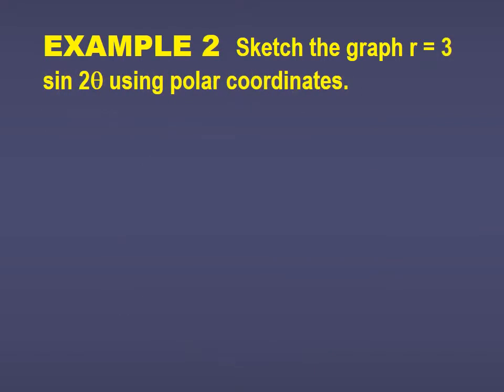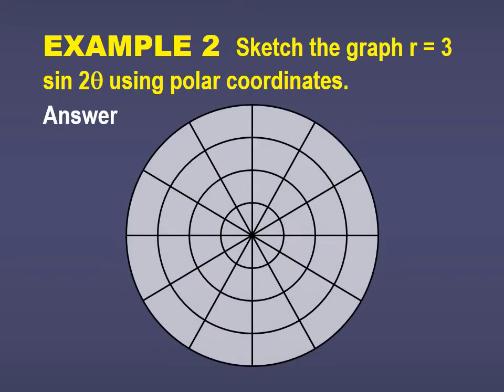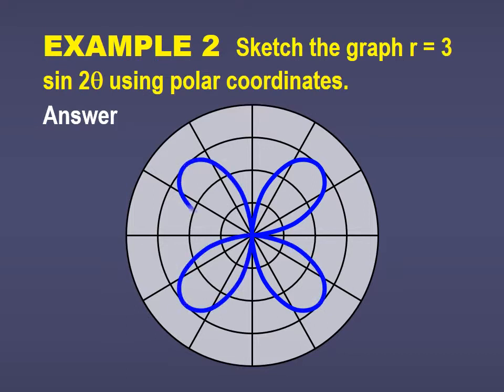Okay, so sketch the graph r equals 3 sine 2 theta using polar coordinates. So when we do this one, there you go. So these were petals.